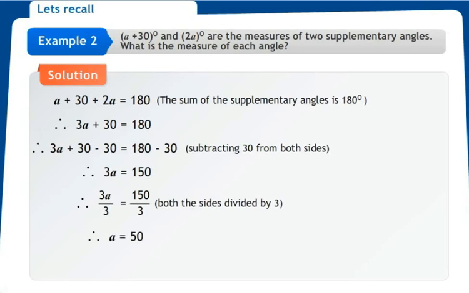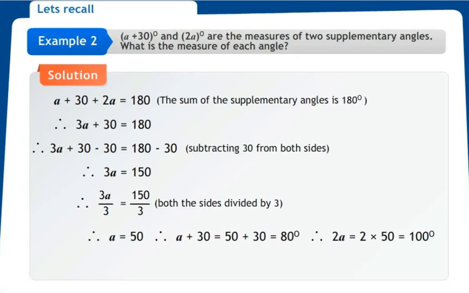Now this is not the end of the sum. We do not have to find a, we have to find the measure of the two angles. a plus 30 is 50 plus 30, which is equal to 80 degrees. 2a, where a is 50, is 2 into 50, which is equal to 100 degrees.